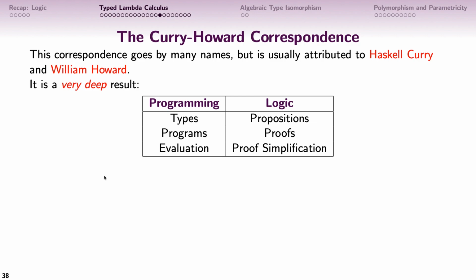So this typed lambda calculus corresponds to constructive logic, right? It doesn't correspond to the classical logic that you might be used to. So there are certain propositions that you can't prove this way, at least not in the language that we described. However, if you add extra features to this language, you get different logics.